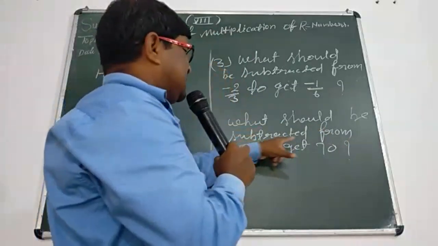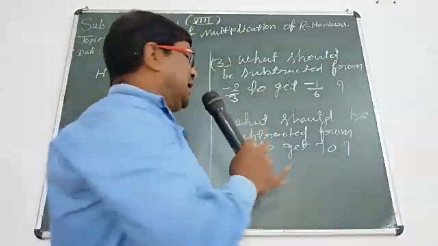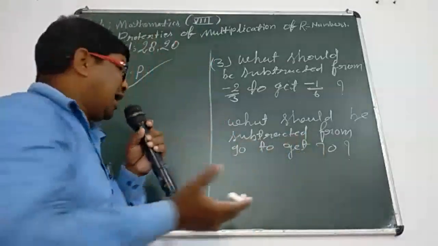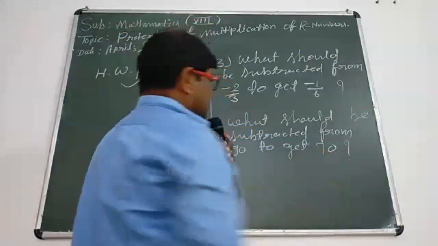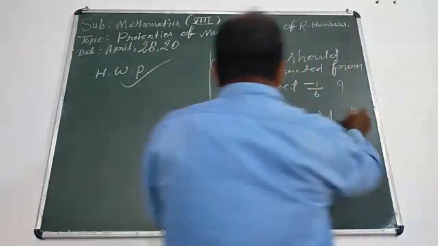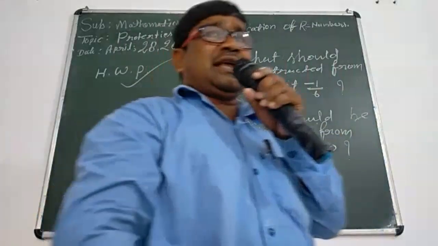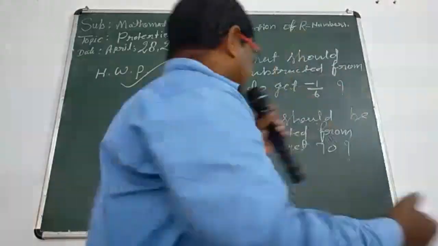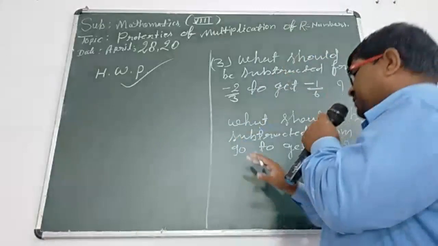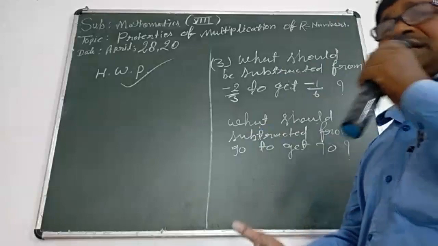You can give your answer easily, sir: 20. How? Because 90 minus 70 equals 20. After subtracting 20 from 90, we will get the difference 70 easily.